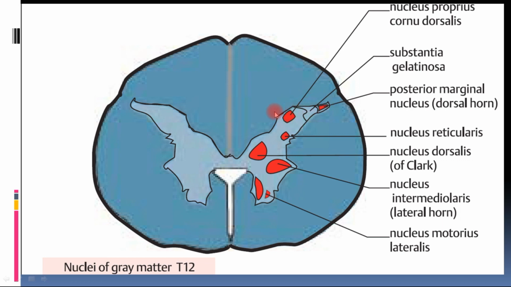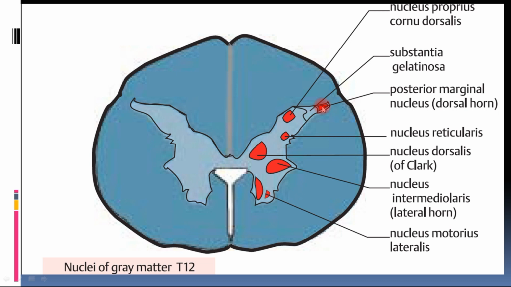In the dorsal horn there are several nuclei, as you can see here, and the general rule is that the dorsal horn is related to the sensory functions of the spinal cord, that is, to receive the sensation and then transfer it to the brain. And what are the nuclei present in the dorsal horn?